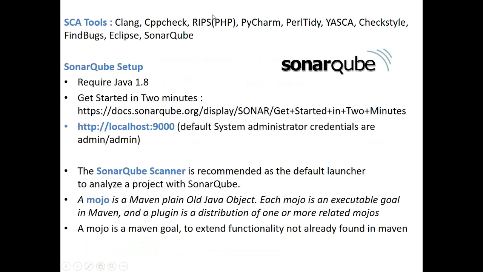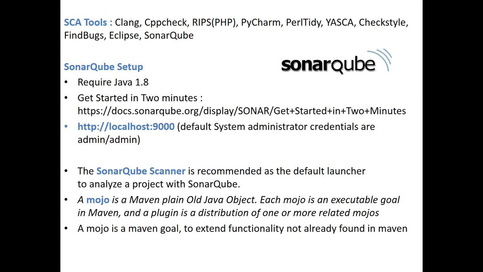If you are trying to check for Python or Perl, specific to that, you have PyCharm or Perl-TD. And specifically for Java programming, you have tools like Checkstyle, FindBugs, Eclipse. In that series, one of the latest tools that companies are using is what we call SonarQube.